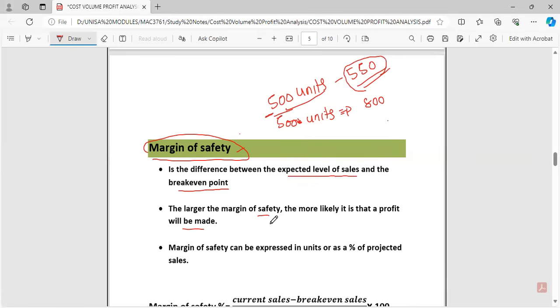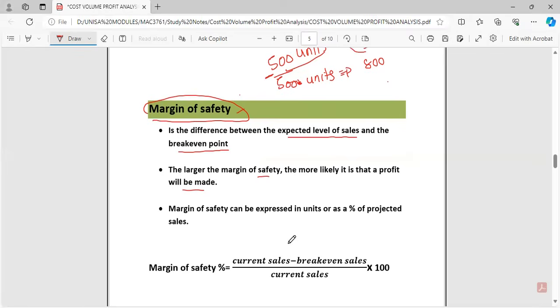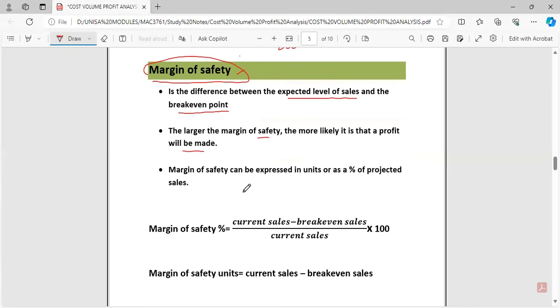Let's look at this. Here they say the margin of safety can be expressed in units or as a percentage of projected sales.